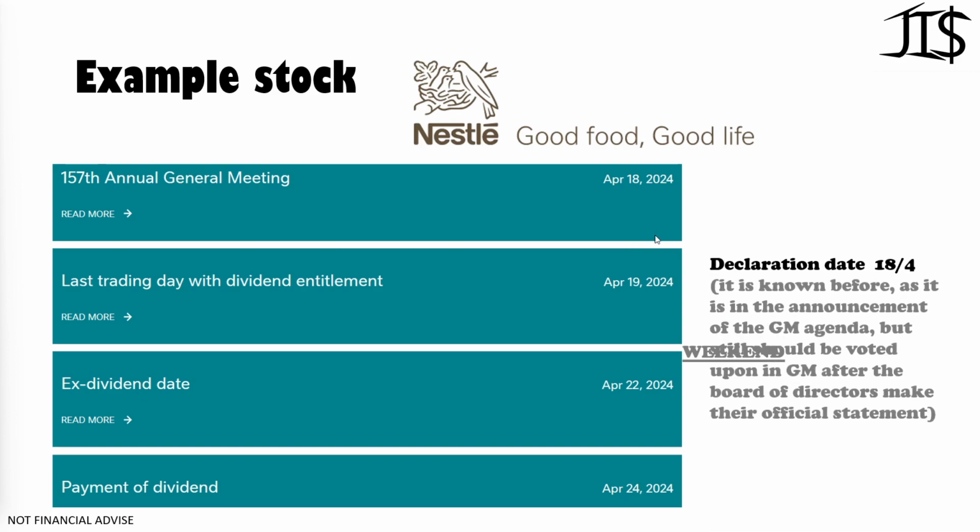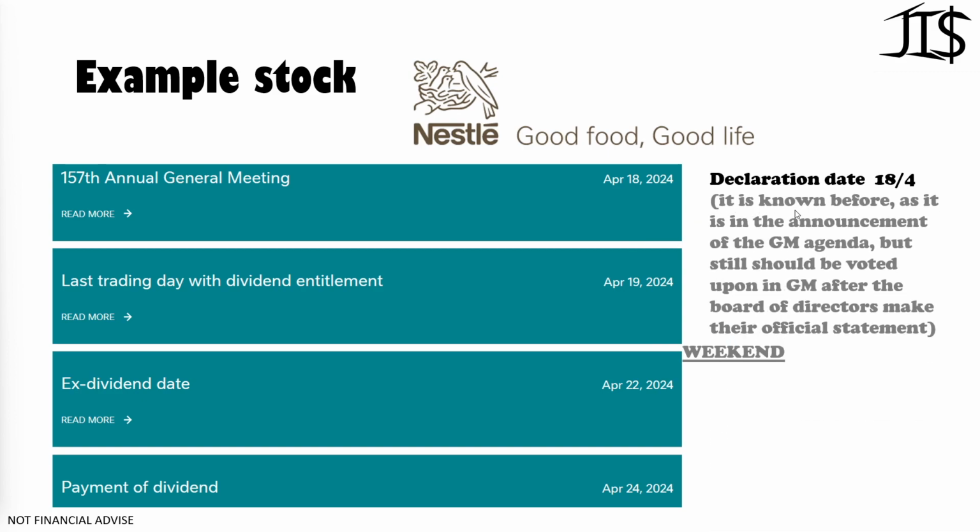So you have here the declaration date, and as I said, it's already known beforehand which dividend it will be, when the ex-dividend will be, and the payment of the dividend will be, because it's already announced in the agenda points of the general meeting. And also the amount of the dividend is probably already announced in the annual report of the previous year that is presented in February or March.